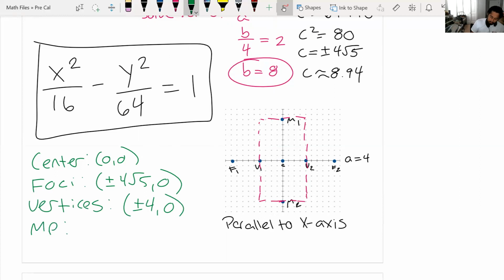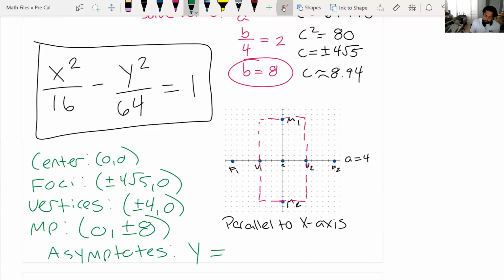Minor points are at 0 and plus or minus 8. And it already gave us the asymptotes, but if you want to write them again, asymptotes are at y equals plus or minus 2x.